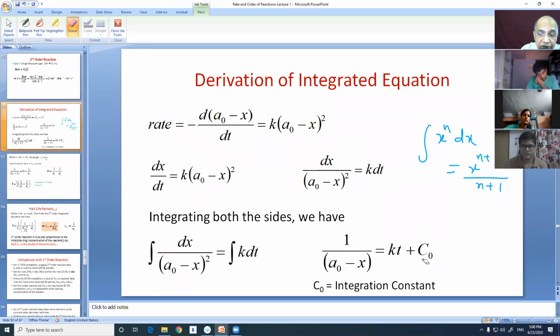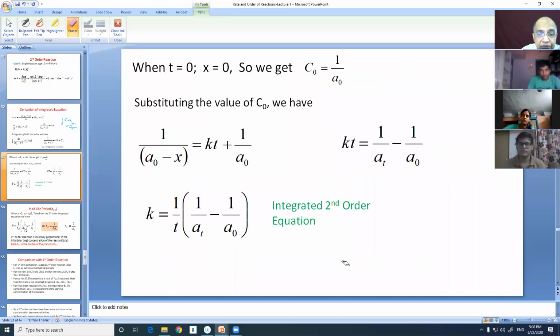So the integration constant becomes 1 by a0. Then substituting the value of the integration constant, we get the final integrated equation: 1 by a0 minus x equals kt plus the integration constant 1 by a0.